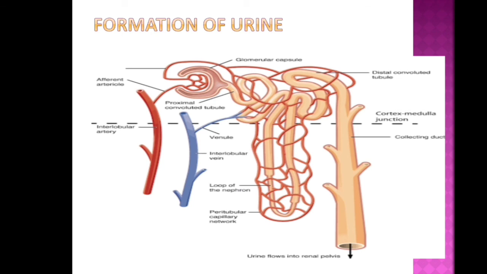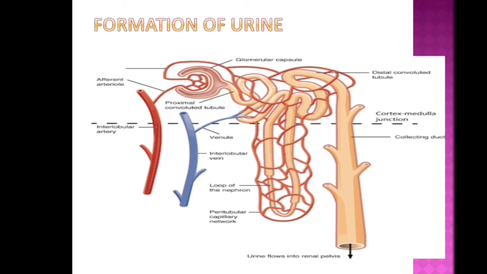Let us know how the urine is formed in the body. So the dirty blood, the dirty blood containing waste like urea and uric acid, these are the various wastes. It first enters the glomerulus. You just see the figure, it enters the glomerulus.